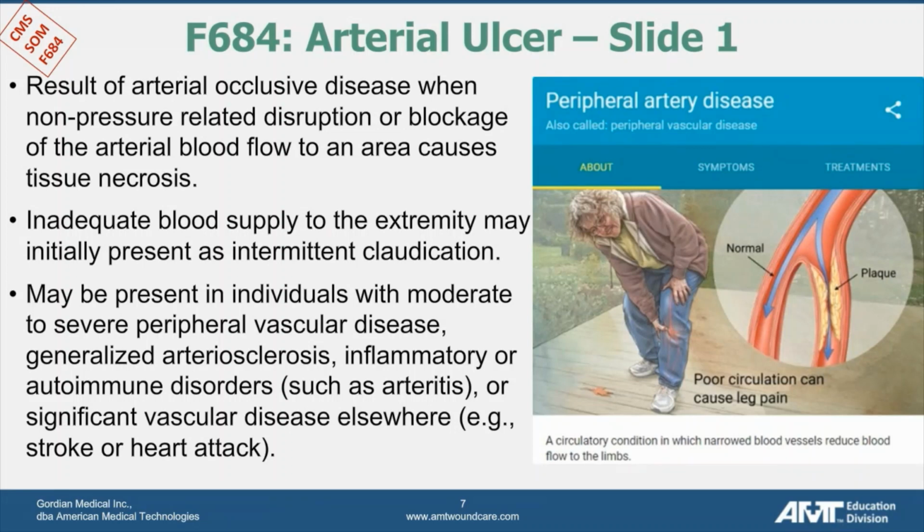Arterial or ischemic ulcers may be present in individuals with moderate to severe peripheral vascular disease, generalized arteriosclerosis, inflammatory or autoimmune disorders such as arteritis, or significant vascular disease elsewhere, such as when there's a stroke or a heart attack.